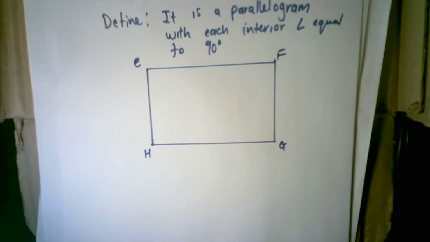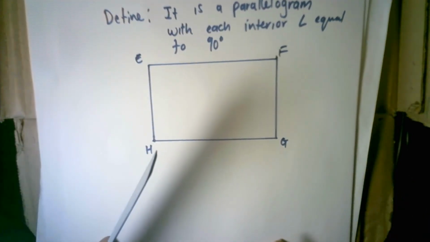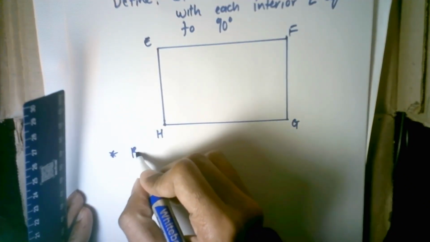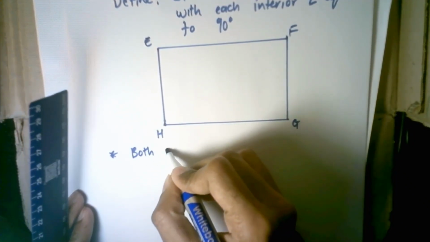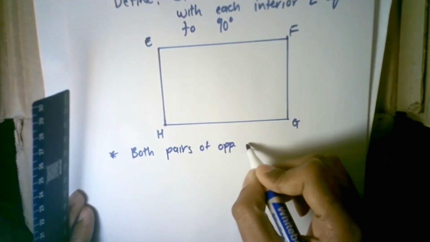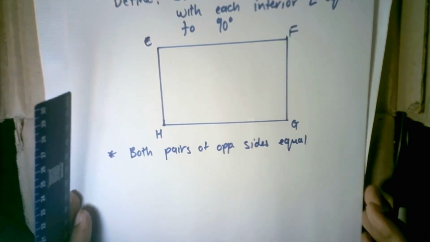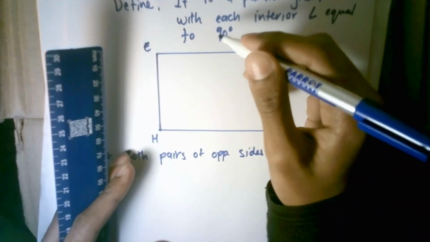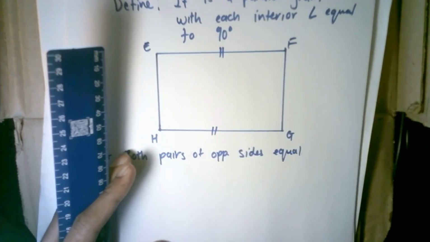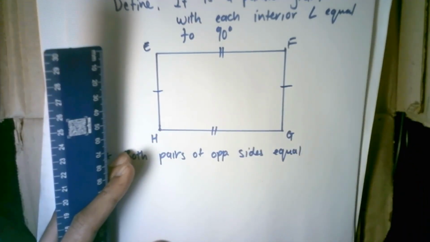Now, it meets all the properties of a parallelogram because it is a parallelogram. So both pairs of opposite sides are equal. That means the length of EF is equal to the length of GH, and the length of EH is equal to the length of FG.